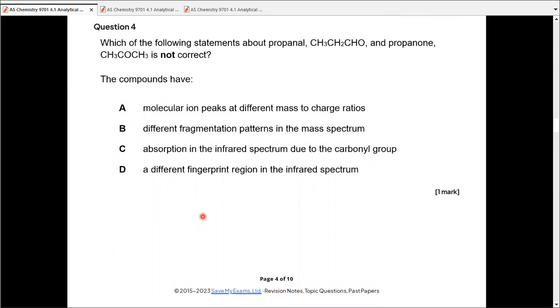Option D is not correct. Option C is not correct. Option B is not correct. So which is the correct one? Options C and D are not correct, which means you're going to pick something out of A and B. Go ahead.